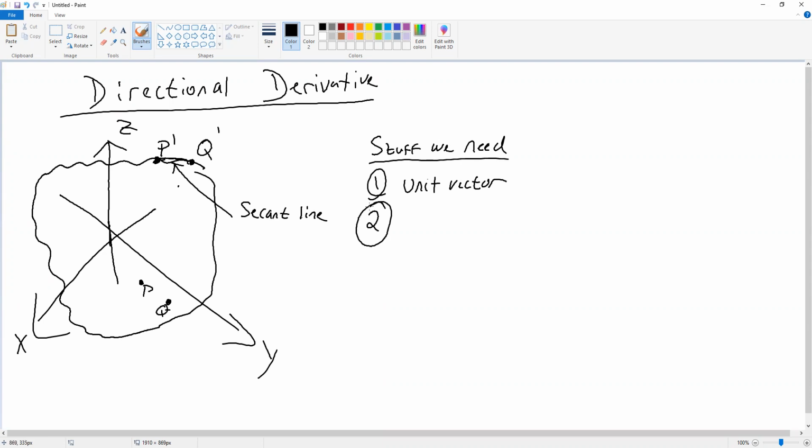What do you think is that specific thing that we need? Scalar, aka a point, right? We just need a point. So we just need to find a point. But the point is going to be very, very specific.